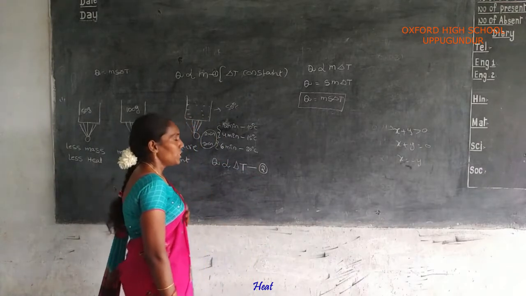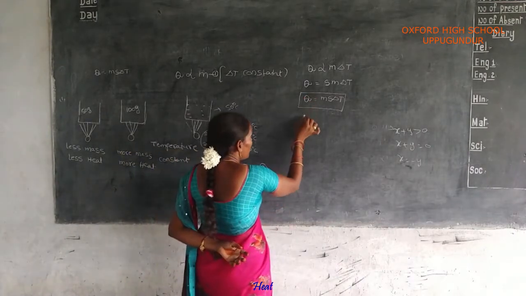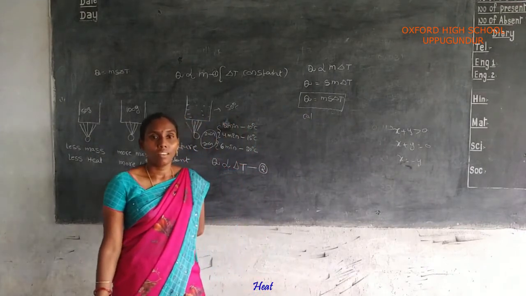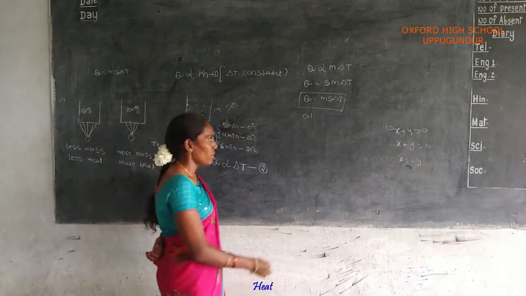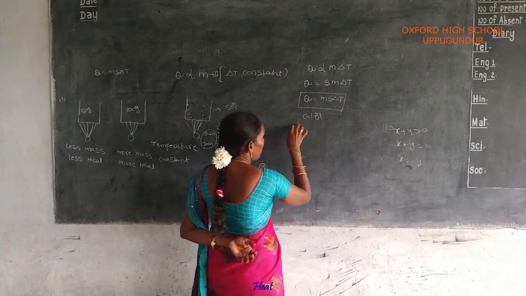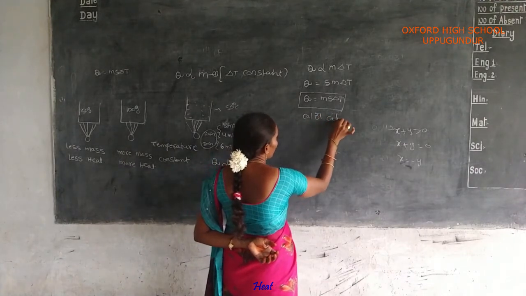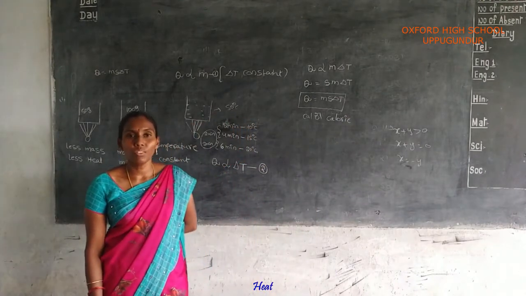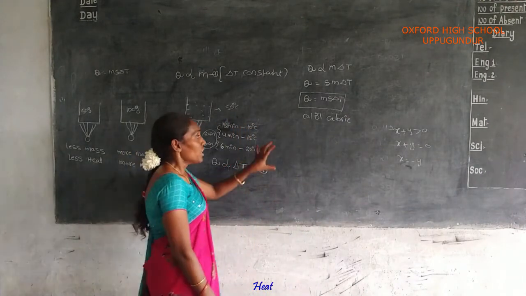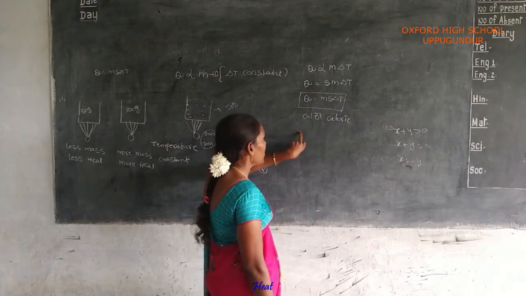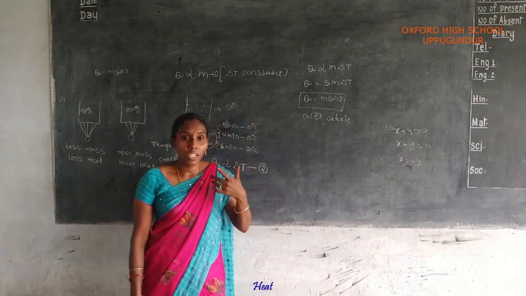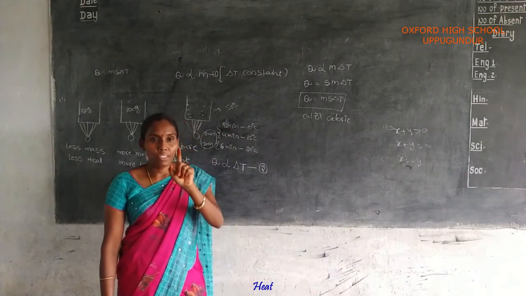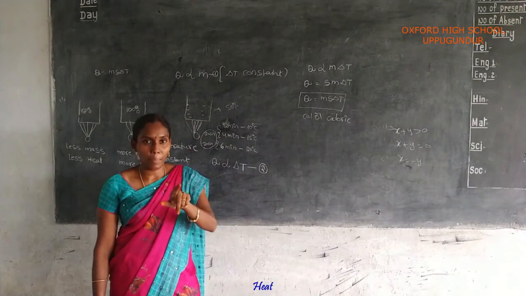Here the easiest unit of heat energy is the calorie. What is a calorie? Call, the short form of calorie. What is meant by calorie? Calorie is nothing but the amount of heat energy required to raise the temperature of unit mass of the substance by 1 degree temperature.